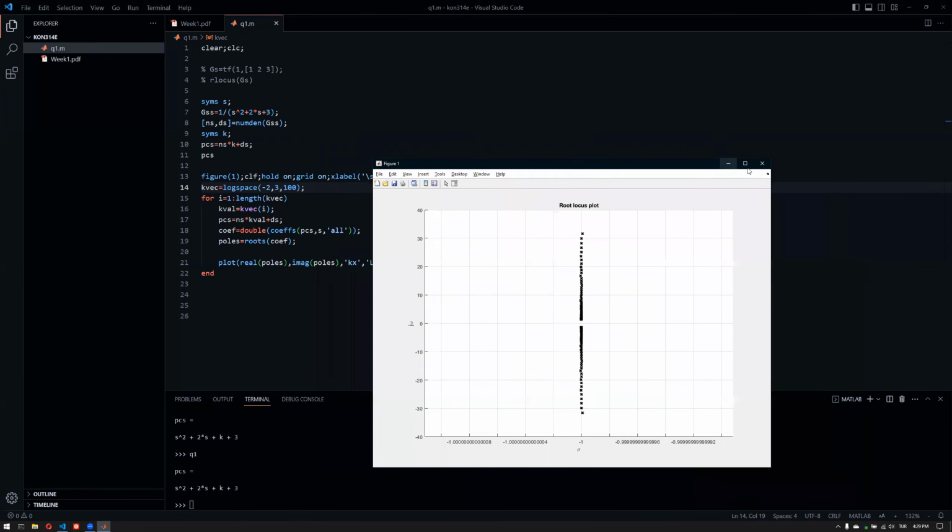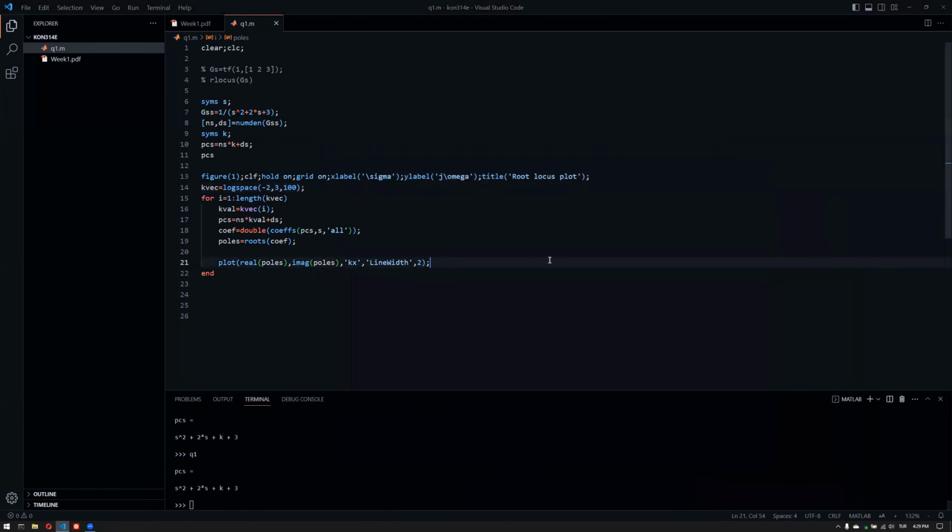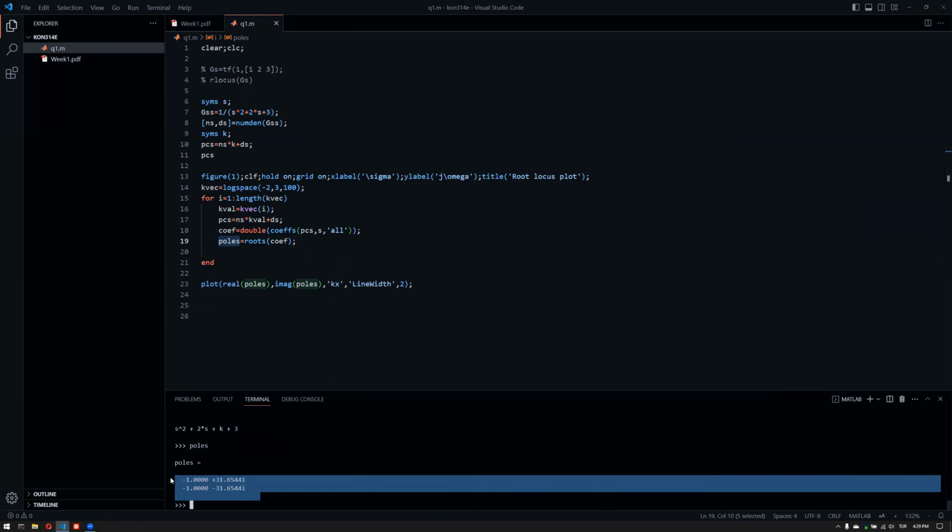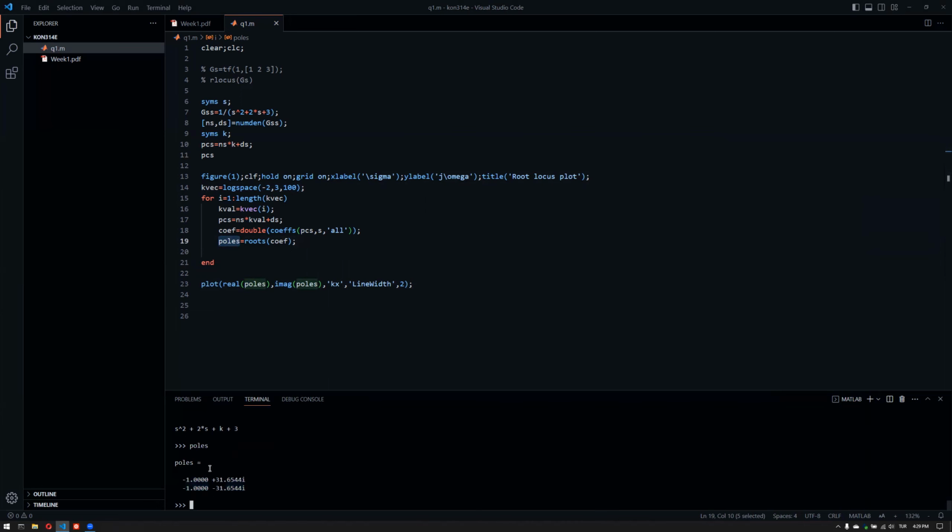Instead of doing this, to have a continuous plot, what we can do is accumulate the results in vectors. And once we have calculated everything, we can then plot the path of a pole on the root-locus plot. Because what we do here is we end up with two poles. When I look at poles, the last calculated value of this variable looks like this.